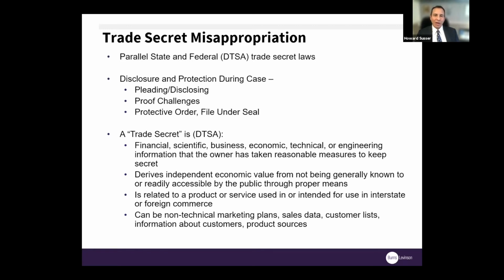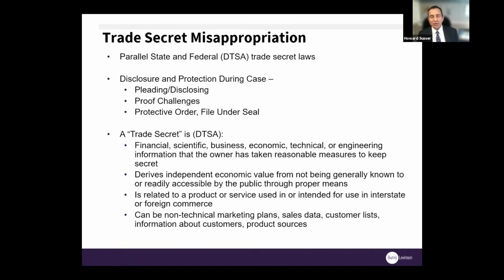There are some particular challenges in litigating trade secrets. One of the first things is you have to define your trade secret and then disclose it at some point. So if you file a complaint in federal court and say, this guy or this company stole my whatever, and it's a trade secret and it's really valuable, you have to delicately describe what that is in a way that doesn't disclose it to the public.